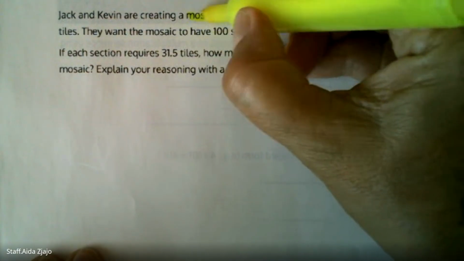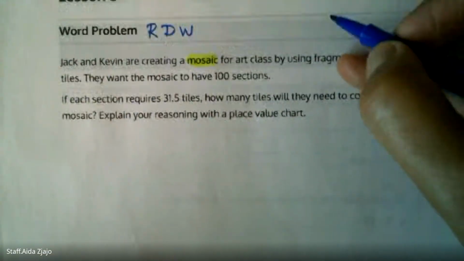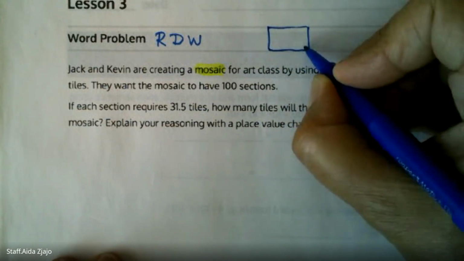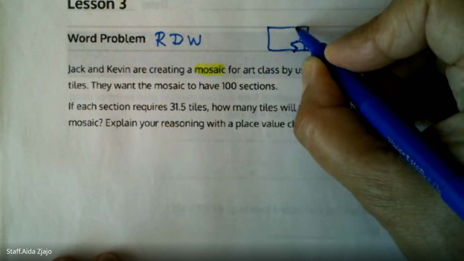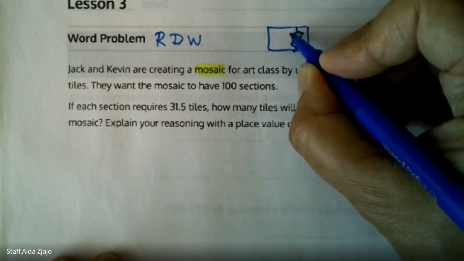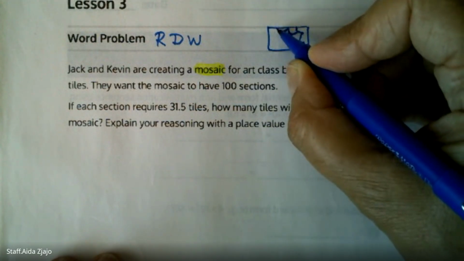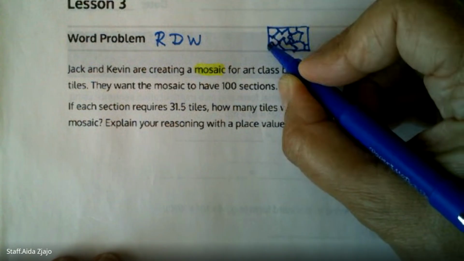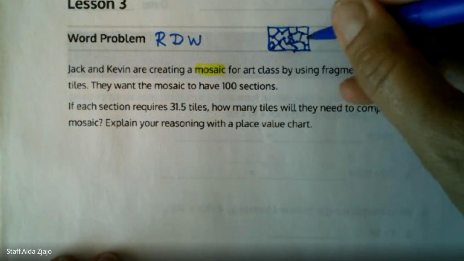So there are two boys, and if you don't know what a mosaic is, it is a picture that is made of little pieces. It could be built to make an art piece and created from many smaller pieces.